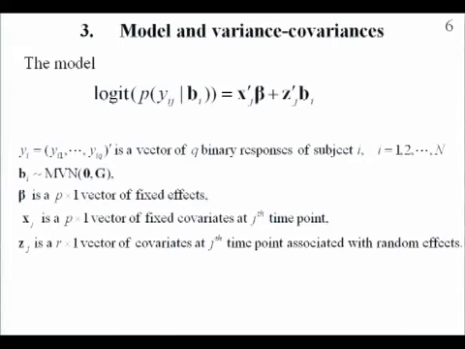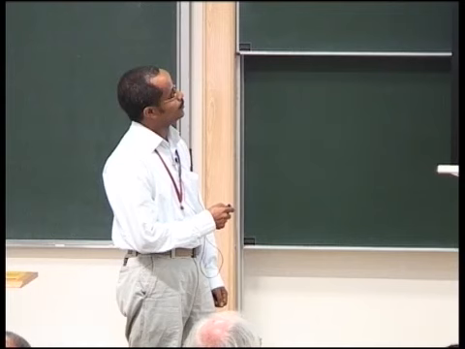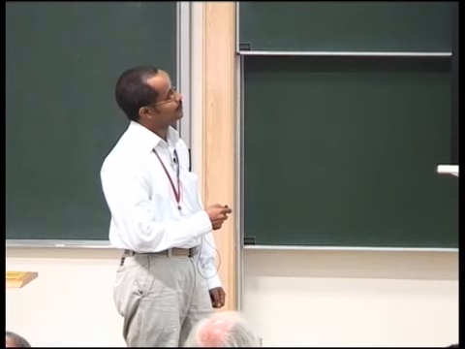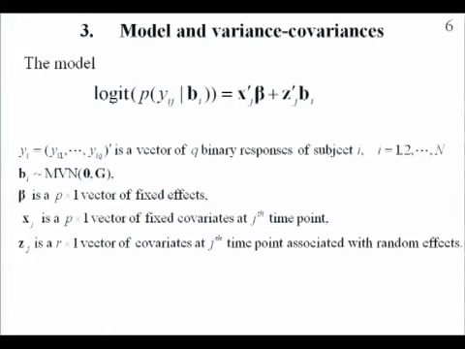The fixed part could contain different covariates, but in our case we have assumed only the time points, so we don't have extra covariates. But in general, it's possible to have more covariates within this design matrix.